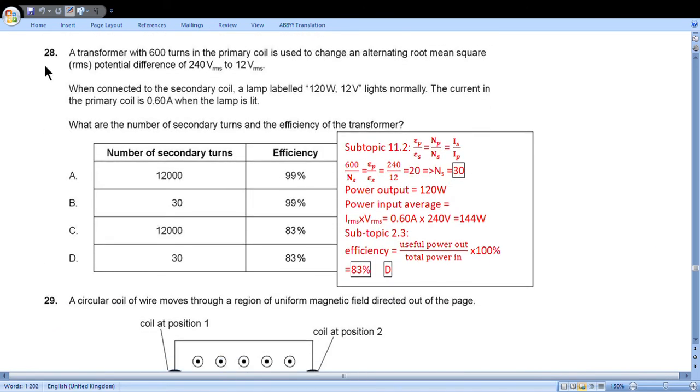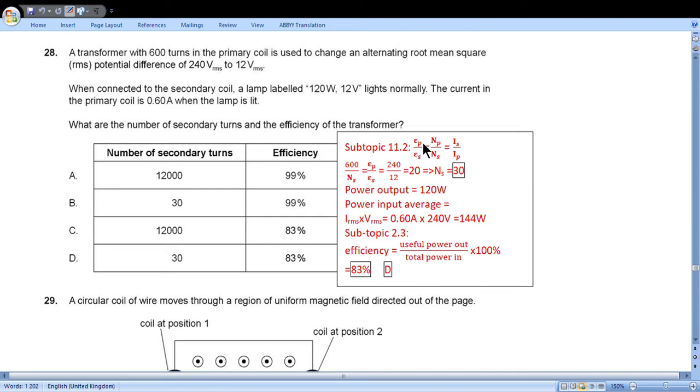Question 28. A transformer with 600 turns in the primary coil is used to change the alternating root mean square potential difference from 240 to 12 volts. When a lamp labeled 12 volts, 120 watts is connected to the secondary coil, the current in the primary coil is 0.60 amperes when the lamp is lit. What are the number of secondary turns and the efficiency of the transformer? Subtopic 11.2.